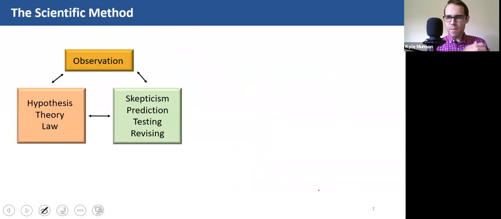So we've probably seen this quite a lot in high school, maybe even middle school, where the scientific method involves an observation, okay? Then we're going to have a hypothesis, okay? And a theory, a law, and skepticism and testing. And these all build on each other. So let's examine how Lavoisier used the scientific method.